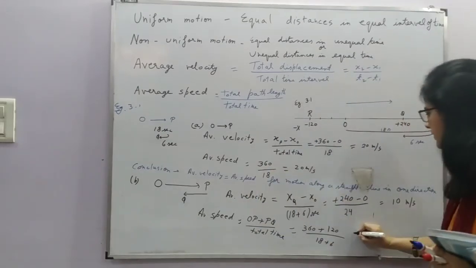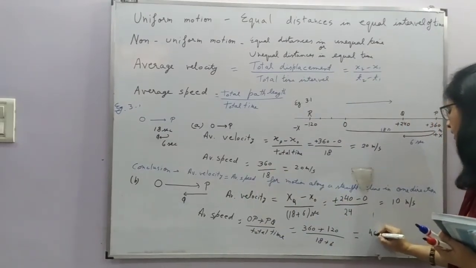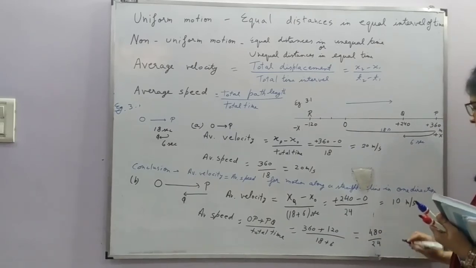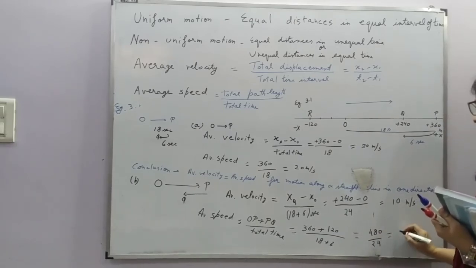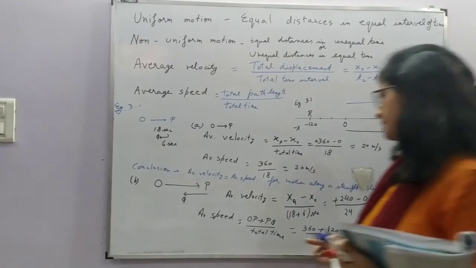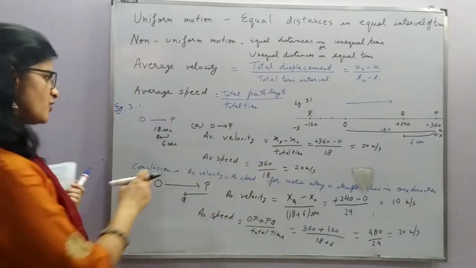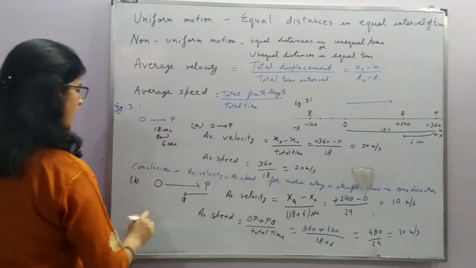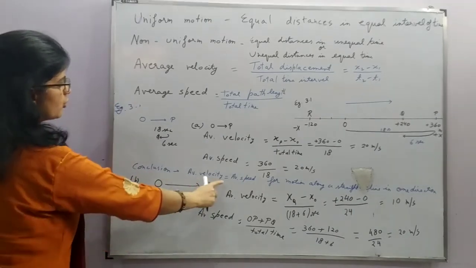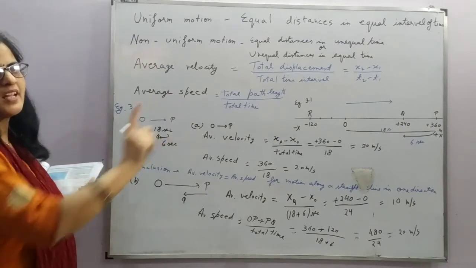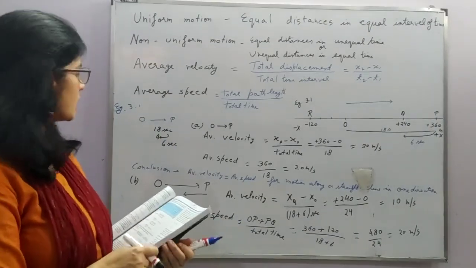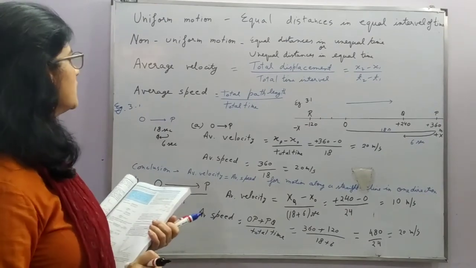So this gives us 480 upon 24, which makes it 20 meter per second. I hope the difference between average velocity and average speed is clear. Here average velocity and average speed are unequal, while the direction of the motion of the body is initially along the right side and then along the left side. So this makes the concept of average velocity and average speed clear.